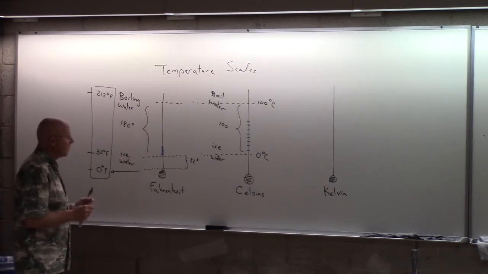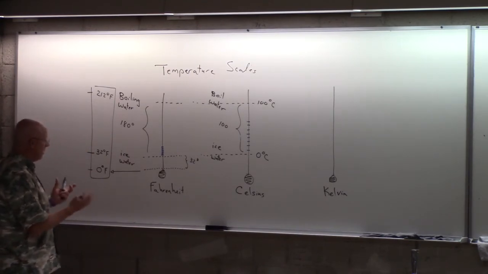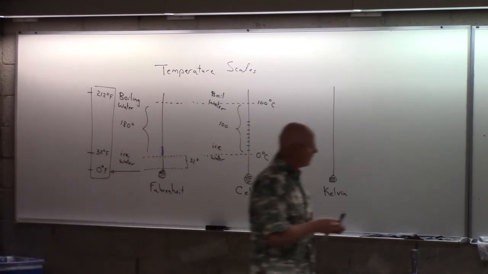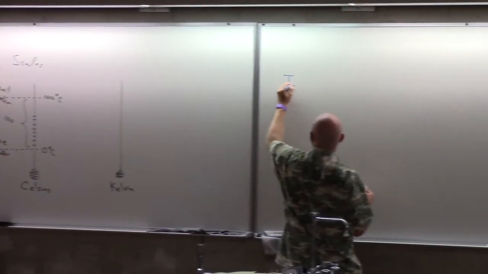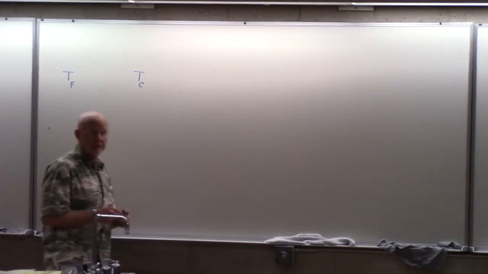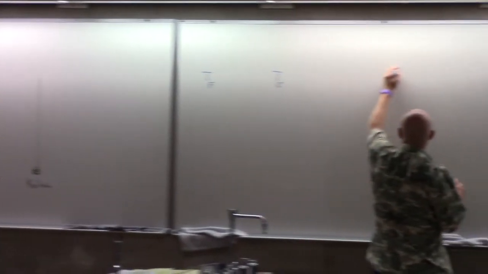Okay. Now, if you just let me pause here, you can see that there is clearly a mathematical connection, right? If you came over here and said, okay, what is the temperature on the Fahrenheit scale compared to a Celsius? Well, I think the best way to do this is to kind of just do a comparison. Maybe a mathematical plot would be good.